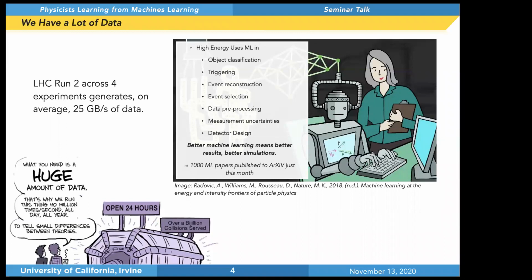We don't just use machine learning for bread and butter tasks like classification, but it's built in through the entire pipeline of detector research, from triggering and classification to data pre-processing before any analysis. On the arXiv, there are about 1,000 high energy machine learning papers uploaded roughly every month, so this is a booming area of research.